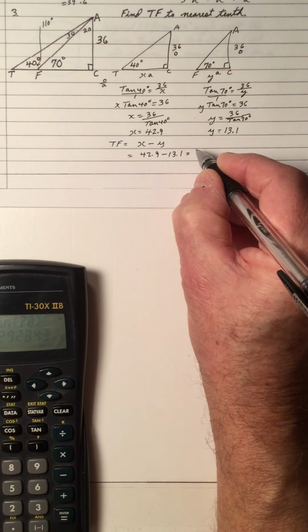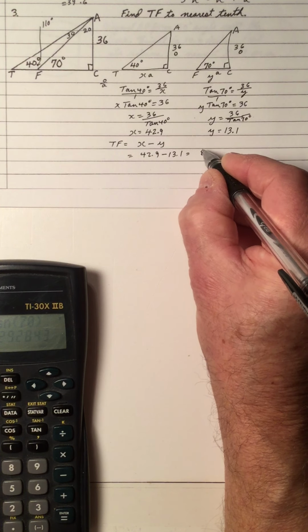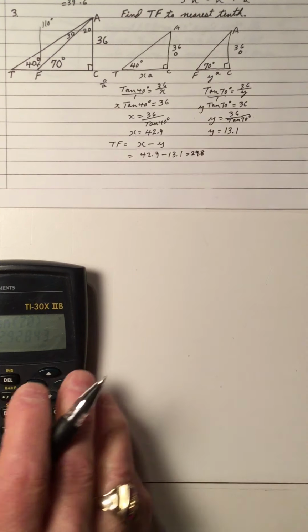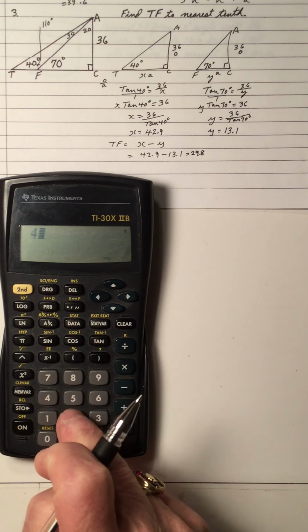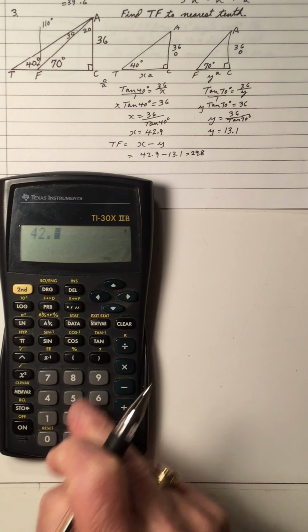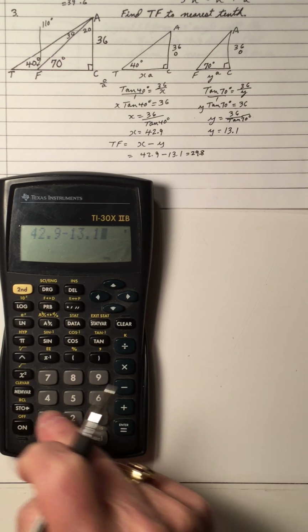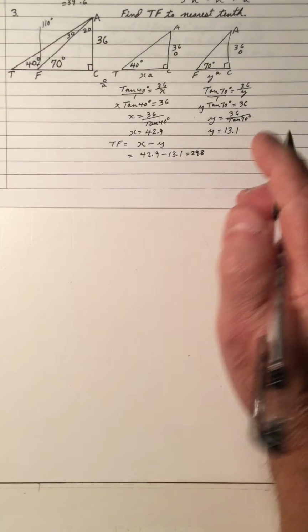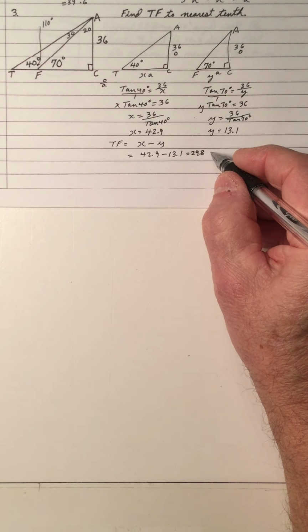And it looks like it gives me 29.8. Just to make sure, sometimes you do things wrong: 42.9 subtract 13.1 is 29.8. So the distance of TF is 29.8.